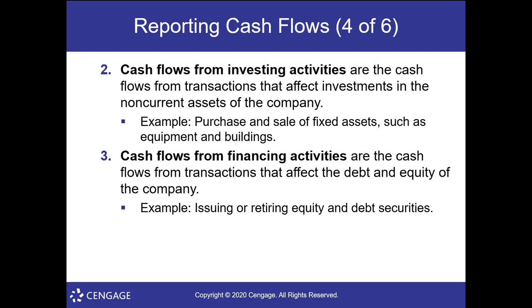And then lastly, cash flows from financing activities. Where outside of operations are they generating cash? Are they borrowing the money? Are they selling new equity, new common stock, and the like? So that's the rest of the balance sheet, long-term debt and the stockholders' equity section.